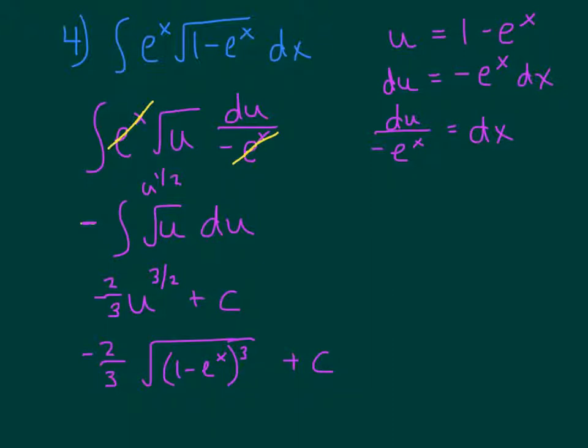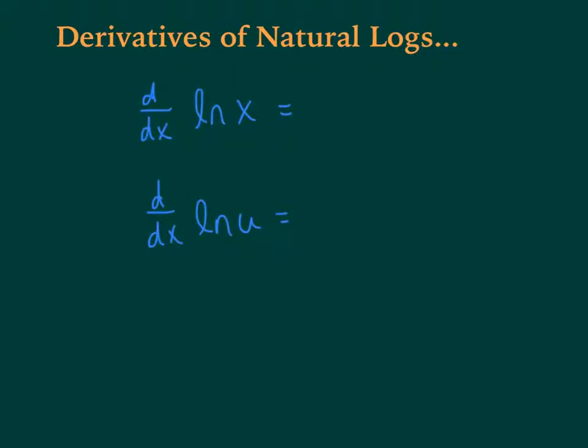Okay, I think we've gotten some good practice in on taking the integral of e to the x or e to the u type functions, and now we're going to move on and start to look at some natural logs. Okay, so again, let's start by reminding ourselves of the derivative of natural logs. So the derivative of natural log of x is simply 1 over x.